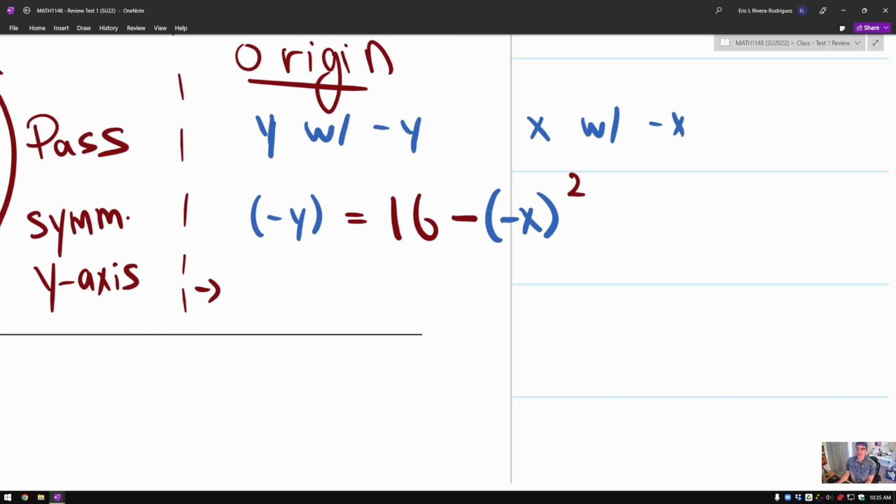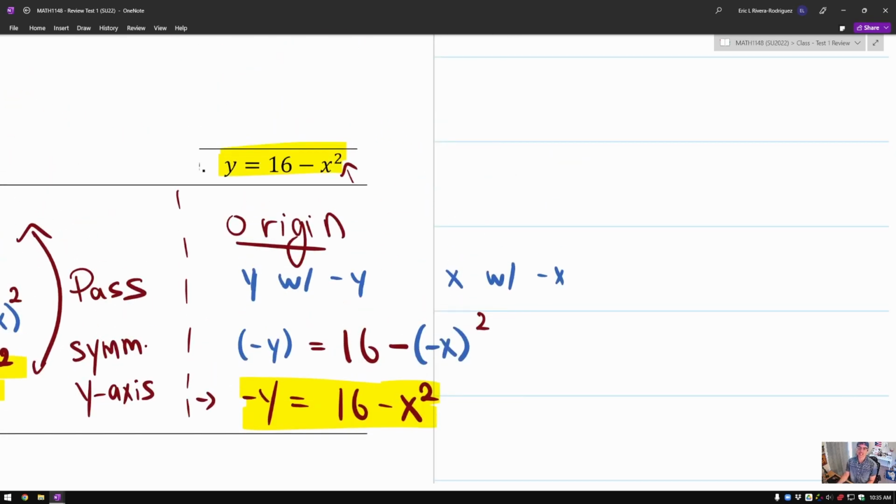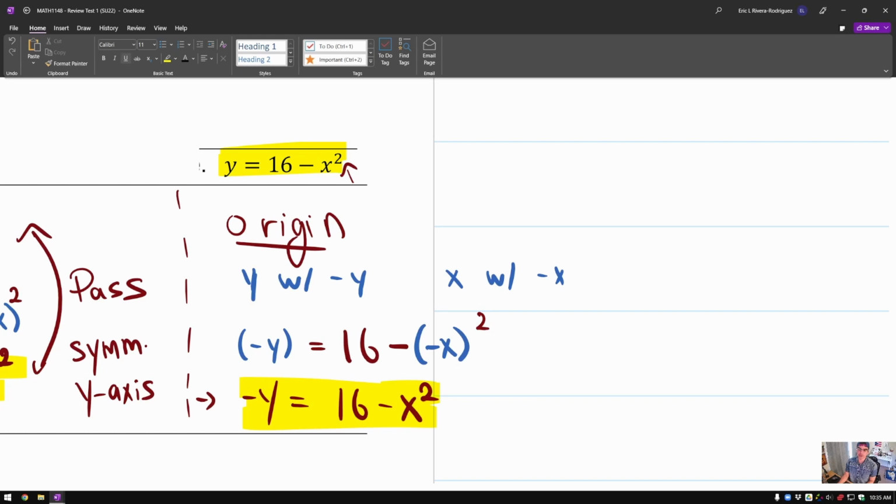There's nothing surrounding the left side of the equation. We only have minus y, so we can drop those parentheses and we have just minus y. 16 minus, and we already talked about this, x squared. We are going to compare that result with our original equation, and based on our comparison, we are going to determine if there is any symmetry with respect to the origin or not.